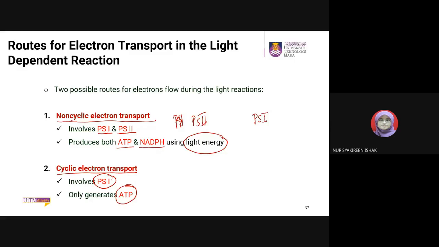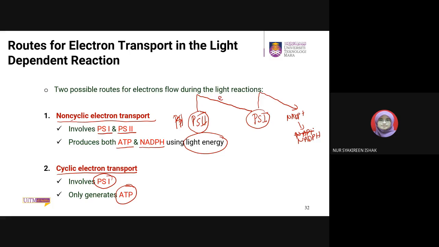So PS2, dia punya chlorophyll A akan release electron. Electron will be transferred along electron transport chain and received by PS1. Lepas tu from PS1 the electron akan received by NADP plus molecule becomes NADPH molecule.